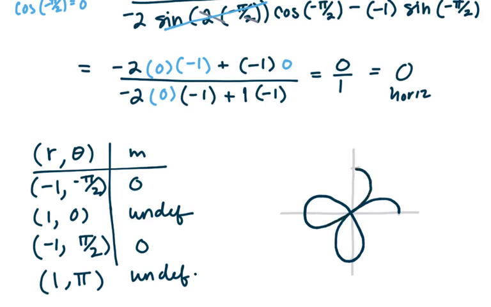By the time we reach 3 pi over 2, we would be here, and that would be positive pi over 2, and continue along to 2 pi. You can see we have these slopes of 0 at pi over 2 and negative pi over 2, and vertical lines that have an undefined slope at 0 and pi. And that's it.